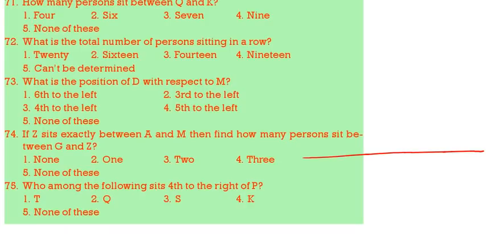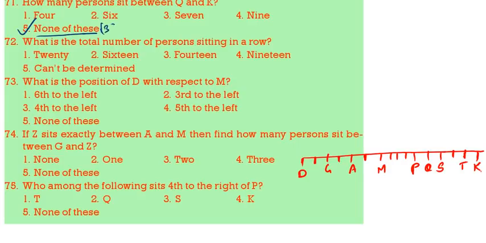In this we are having D, then G, then gap, A, then gap, M, then 1, 2, 3 gap, after that P, after that Q, after that S, again one gap, T, followed by K. Now how many persons are there between Q and K? This is Q, this is K, in between 3 persons are there. 3 is the correct answer.